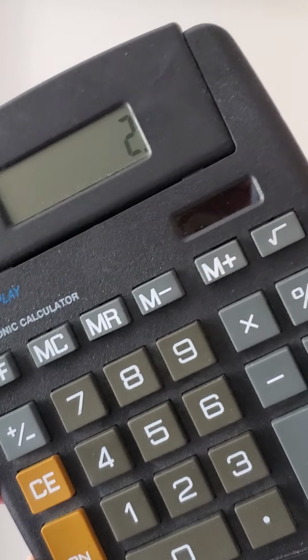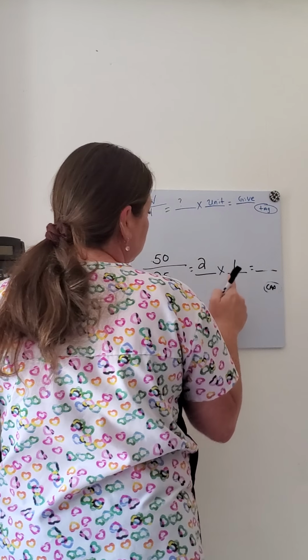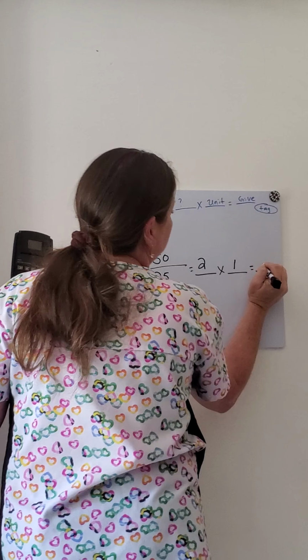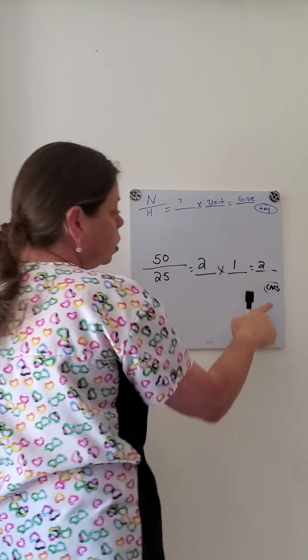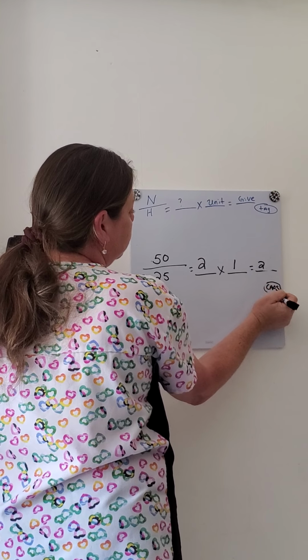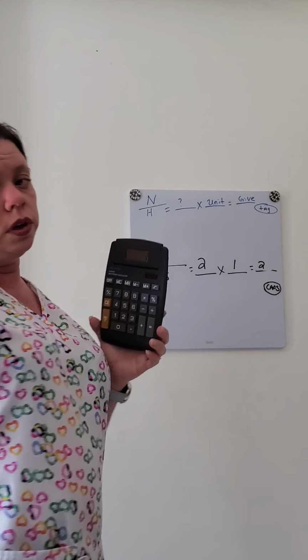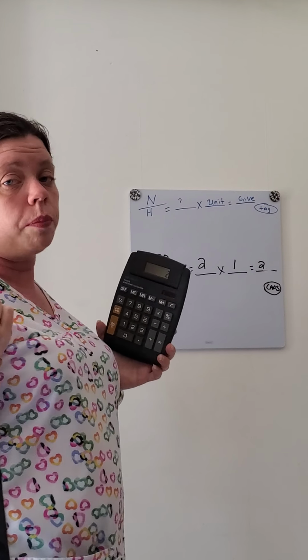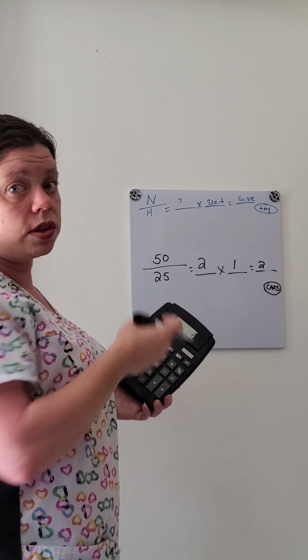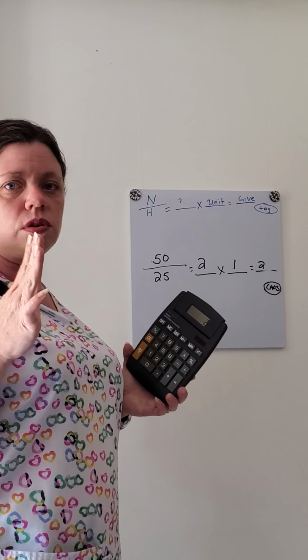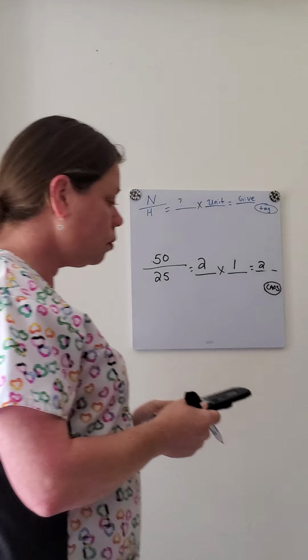Gives you 2, right? 2 times 1 equals 2 capsules. And I always put an S after the cap if it becomes plural. Okay, if you only had to give 1 pill, then you would be giving 1 cap. But if you're giving more than 1, in this case 2, then it's capsules. Okay, so I'd make that plural.